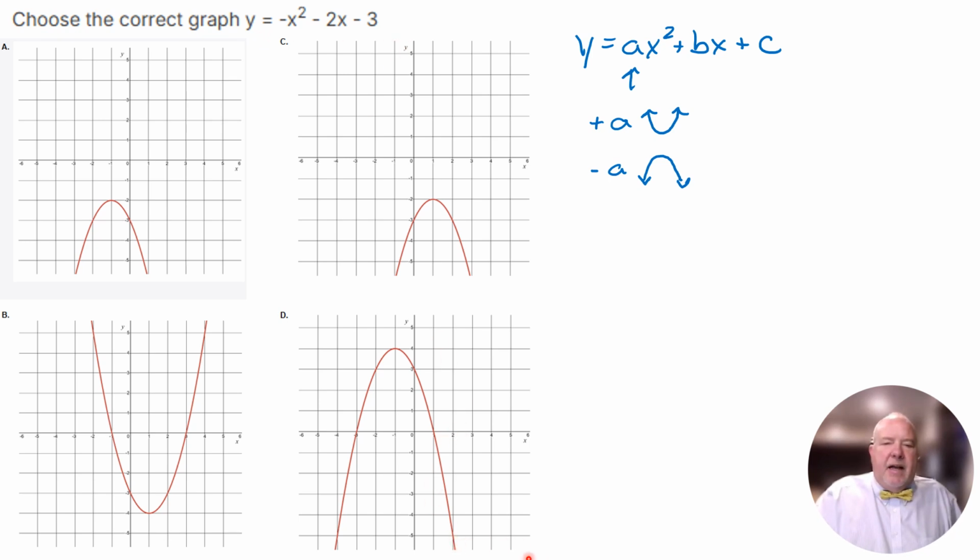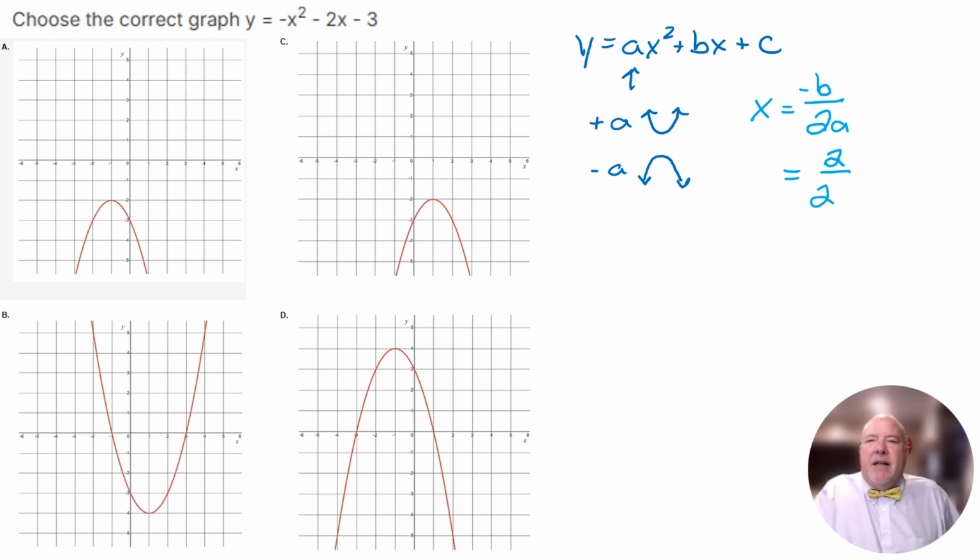So the way you can find the axis of symmetry is using this formula, x equals -b, so the opposite of your b value, over 2 times a. So in our problem, the b value, so that's the coefficient of x, is -2. So it's the opposite of that. So I'm going to put +2 and then over 2 times the a value, which is the coefficient of x squared.